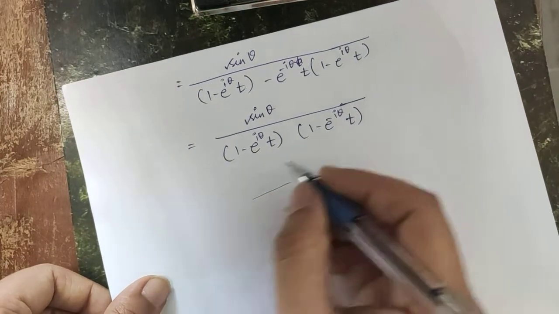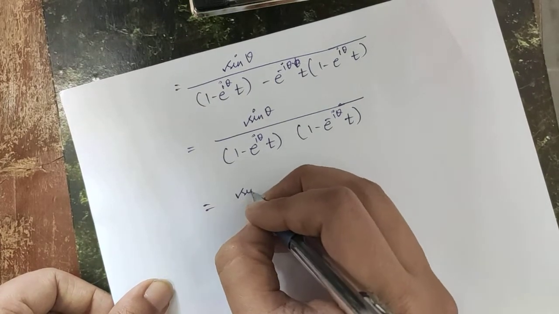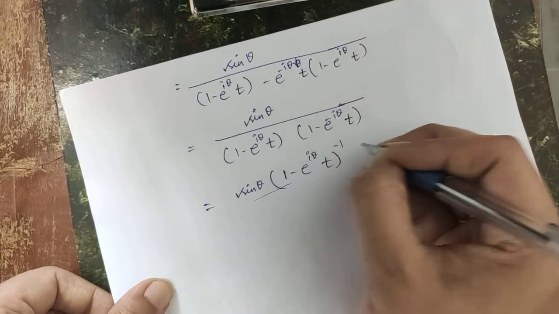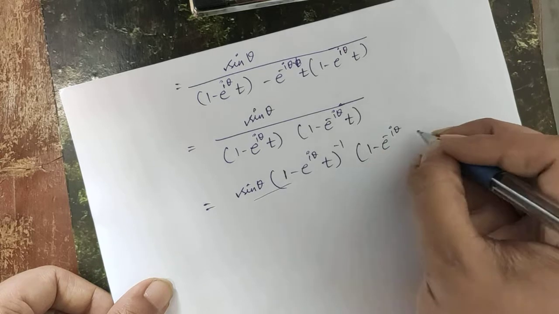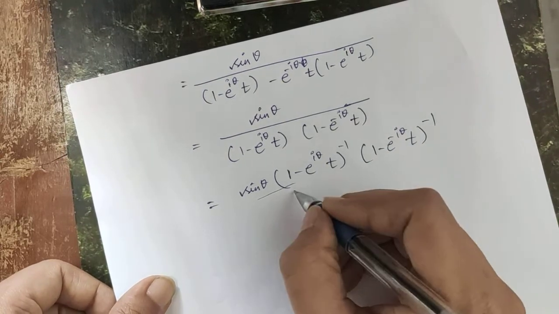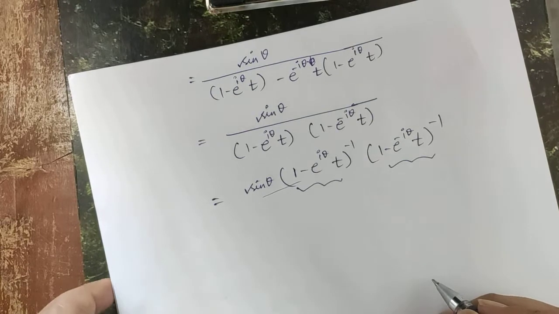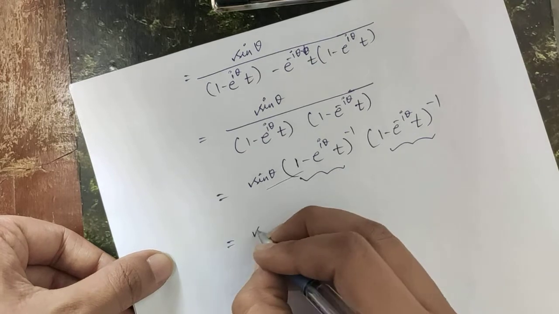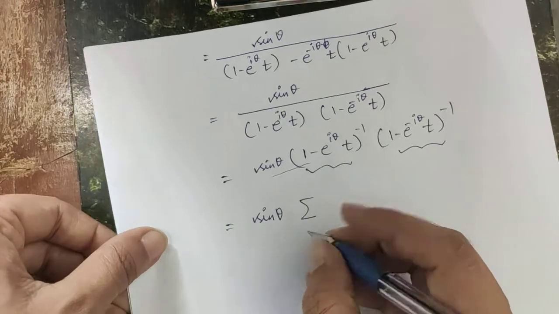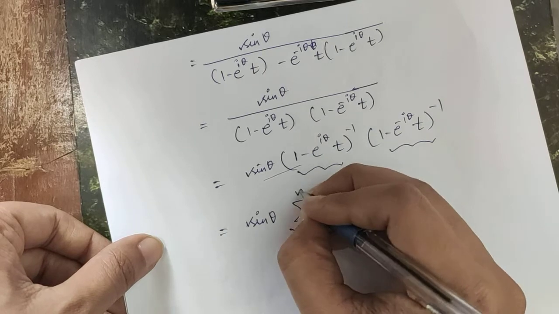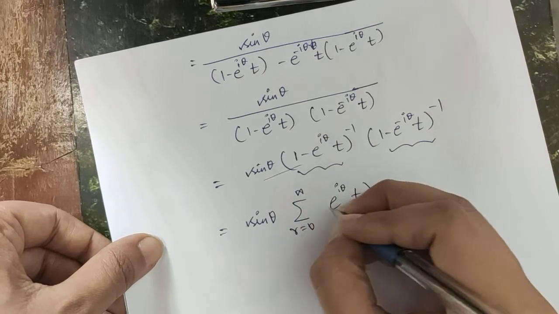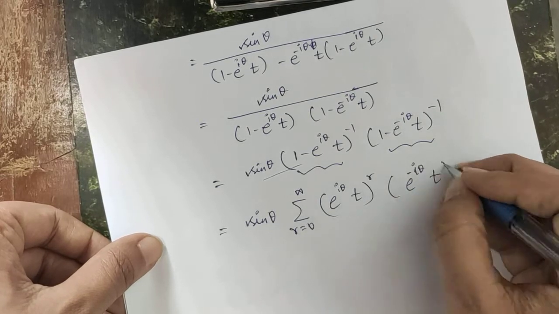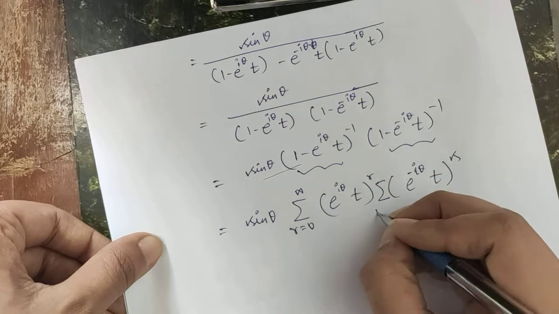So now I can write this as sin theta into 1 minus e power i theta into t whole inverse into 1 minus e power minus i theta into t whole inverse. Again these two terms I can simplify using binomial expansion, right? So this will be equal to sin theta into summation r is equal to 0 to infinity e power i theta into t whole power r into e power minus i theta into t whole power s. For this also I should write summation.